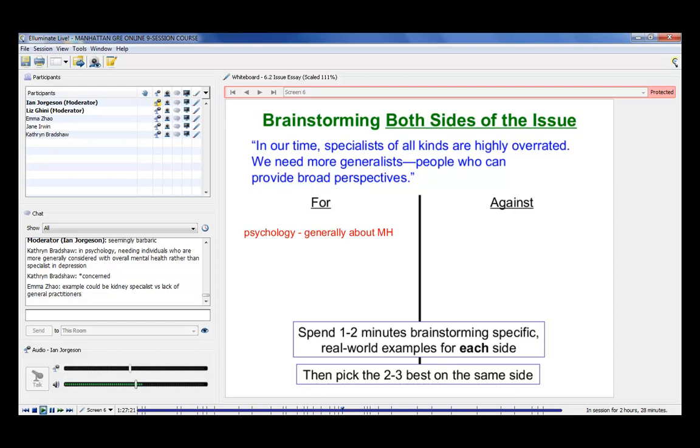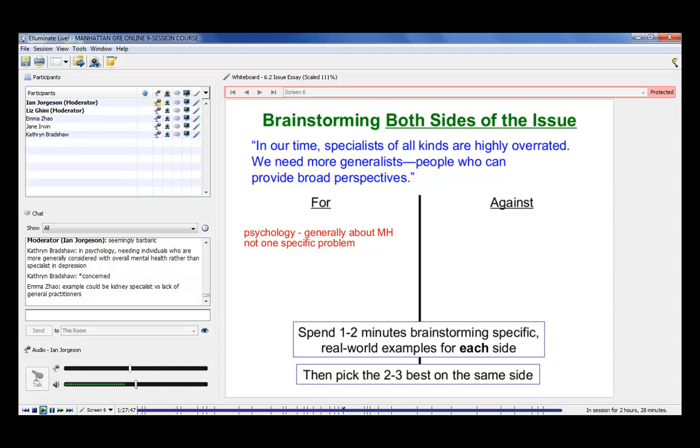Because people, and then we want to go ahead and talk about how people don't just suffer from one problem or another. We need someone that's generalized enough to be able to see all of the issues that somebody's facing. And then Emma, okay, example could be a kidney specialist versus lack of GPs.